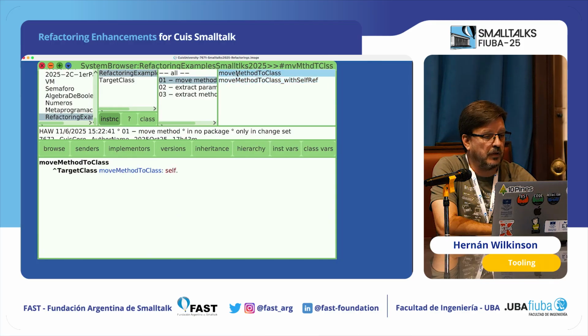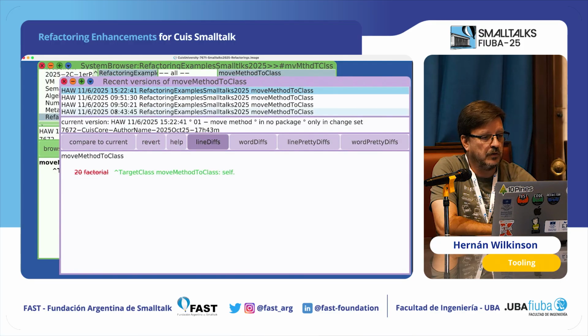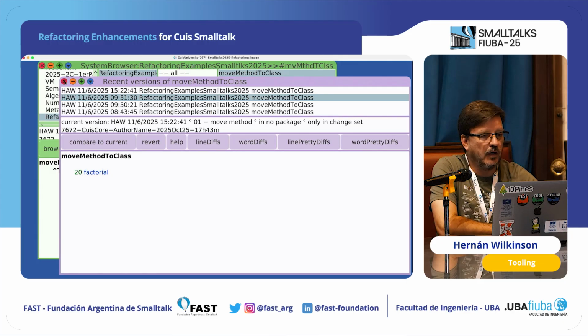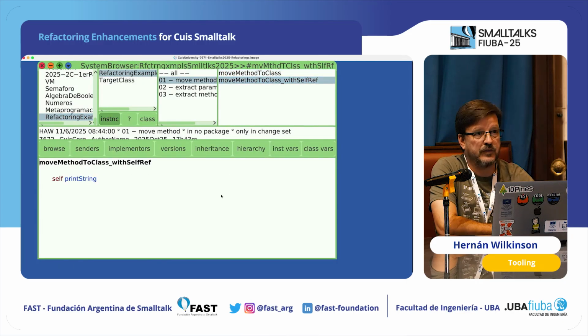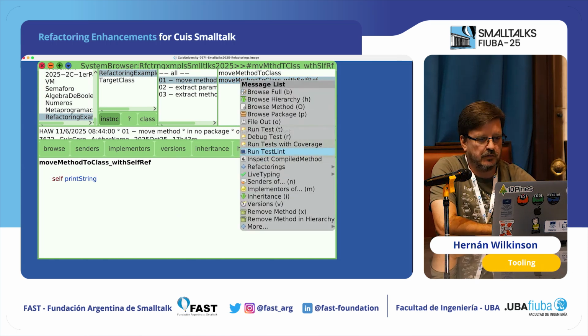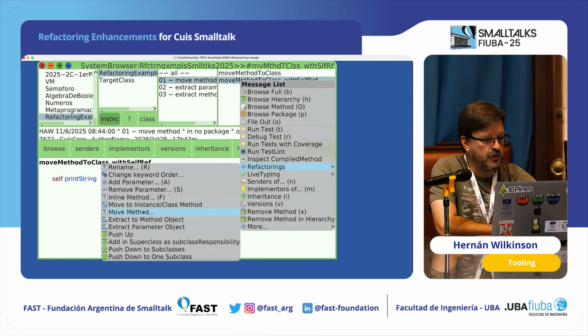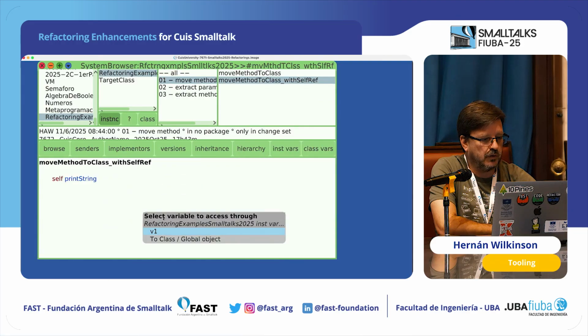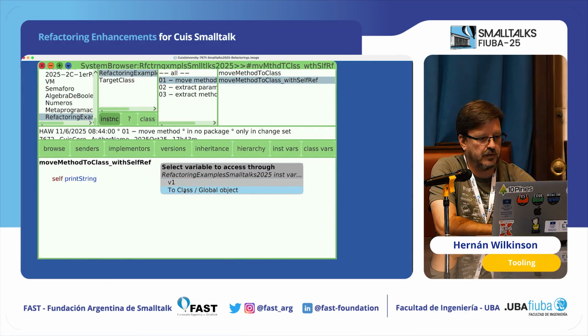In this example, I wasn't referencing self, as you saw. It was just 20 factorial. But it also works when you're referencing self or instance variables or whatever in the method. It does all the same things we showed last year, well, Maxi showed last year in the conference. But I want to show that it also works when you are referencing self explicitly.